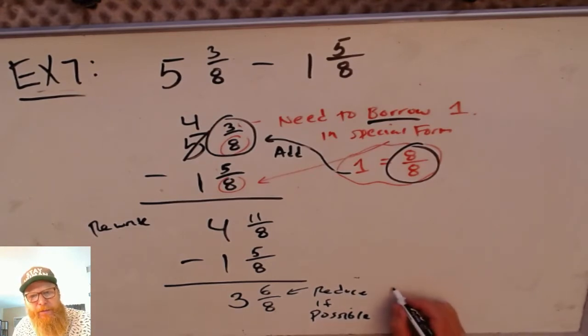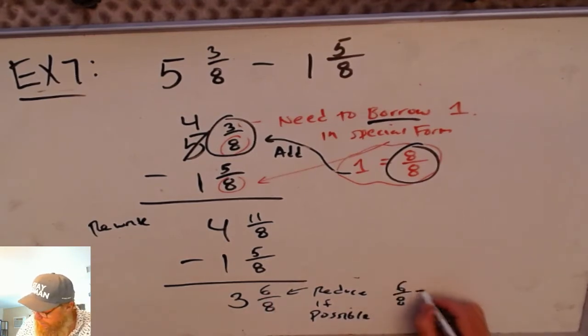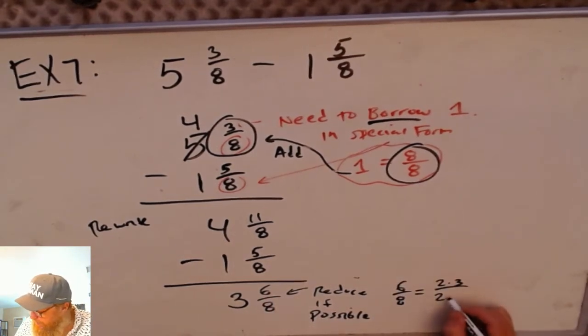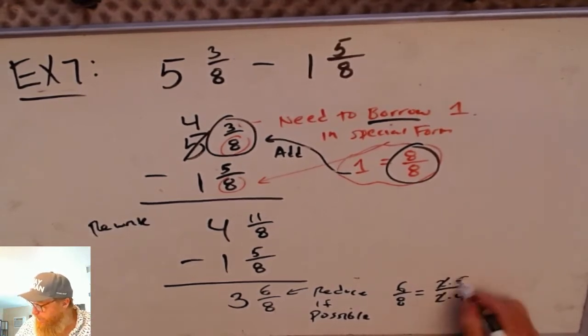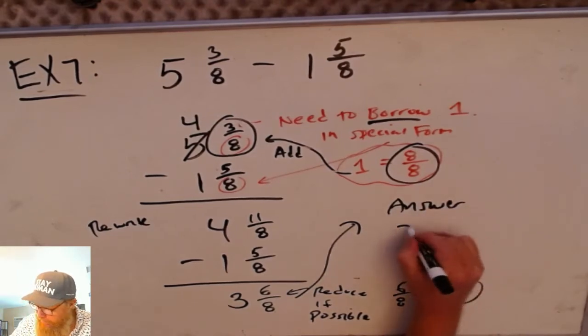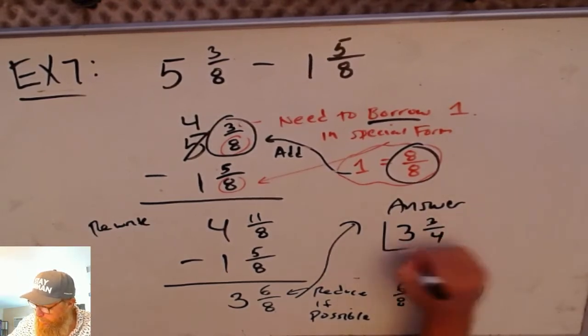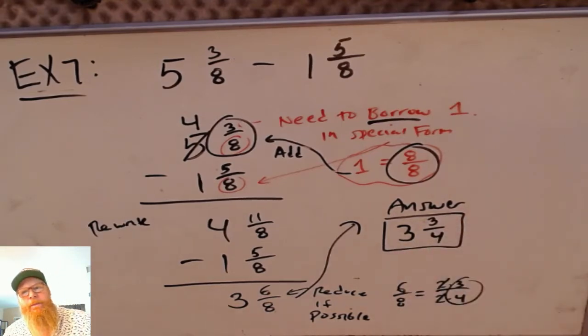Yeah, we can. 6/8 is 2 times 3 over 2 times 4. Cancel a pair of 2's, and you're going to get 3/4. So your answer is 3 3/4. There you have it.